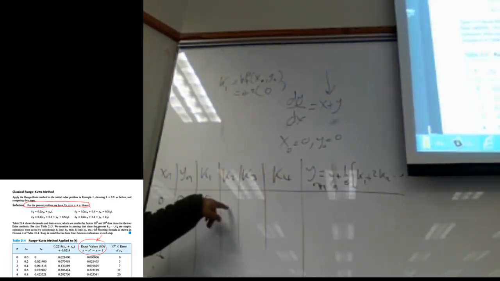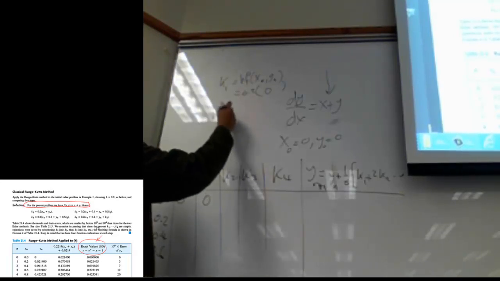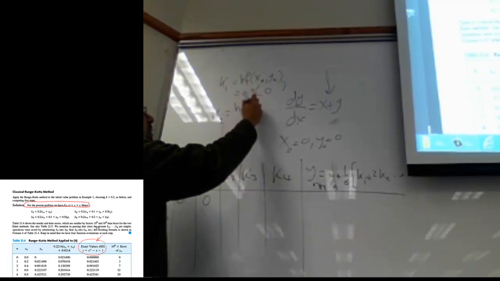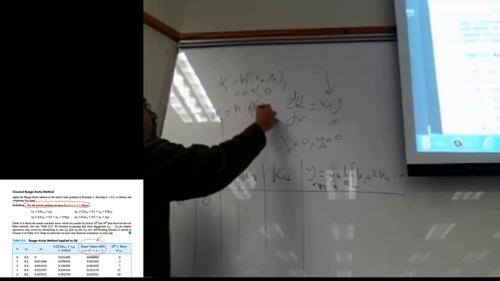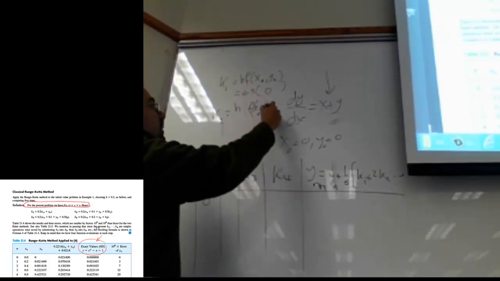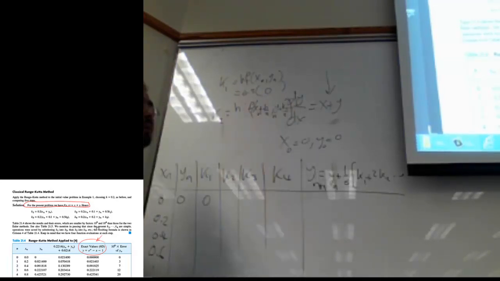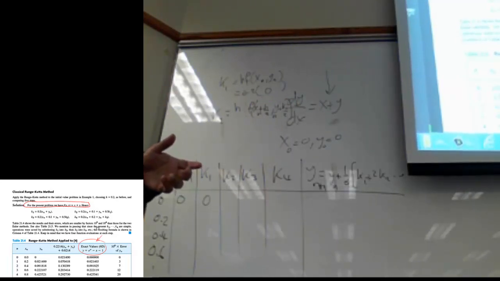And then you calculate K2. What's K2? H times f of xn plus h over 2, and yn plus k1 over 2. And you know why it's h over 2 and k1 over 2? Because you want to get it in the middle. What is the slope in the middle?